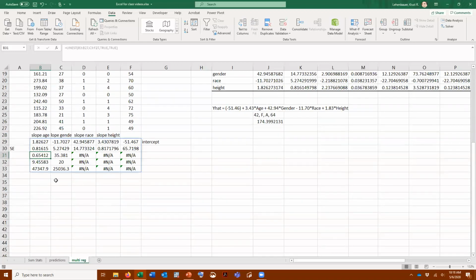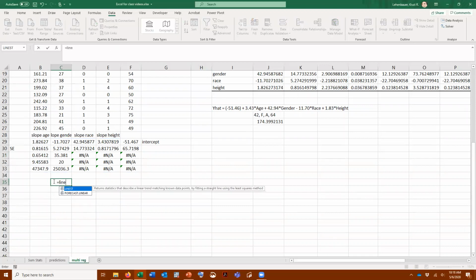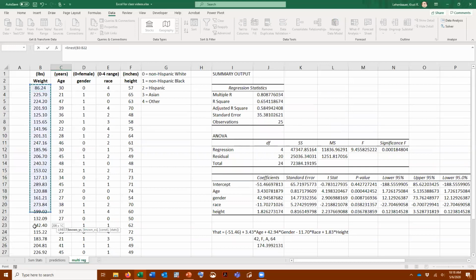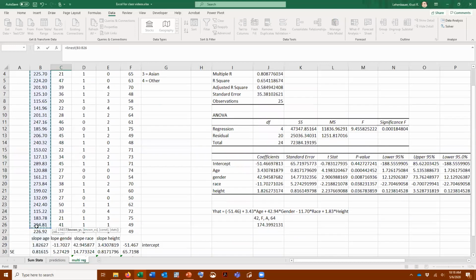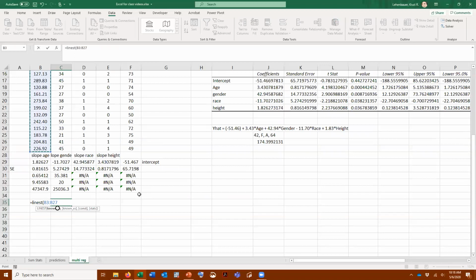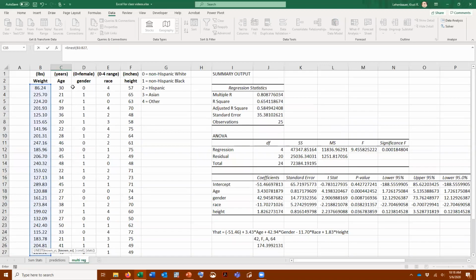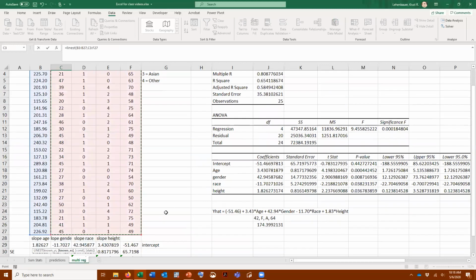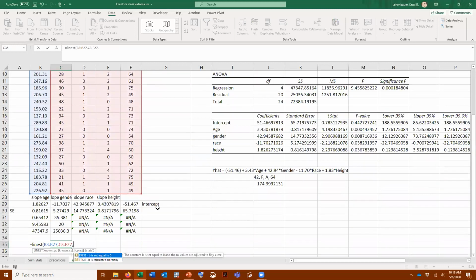If you just put a regular LINEST function, you can do this too. LINEST, comma, and then pick the x values and constant, and then we don't want the detailed statistics.